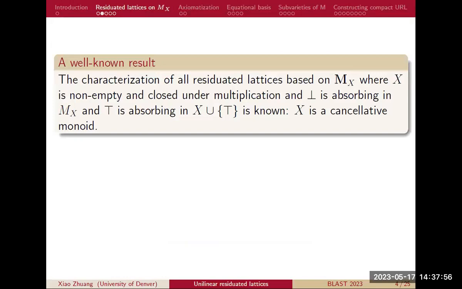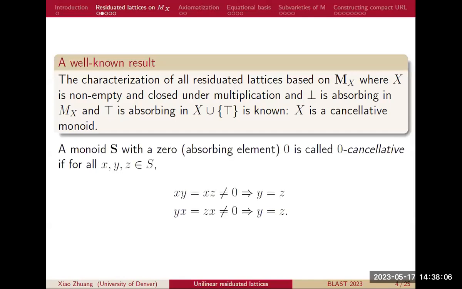This is a well-known result. From there, today I'm going to characterize not just those X closed under multiplication, but also those that are not closed under multiplication. Before we do that, we have to introduce a definition about the zero-cancellative monoid.